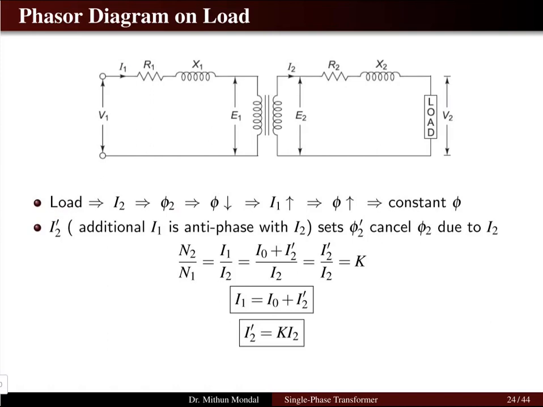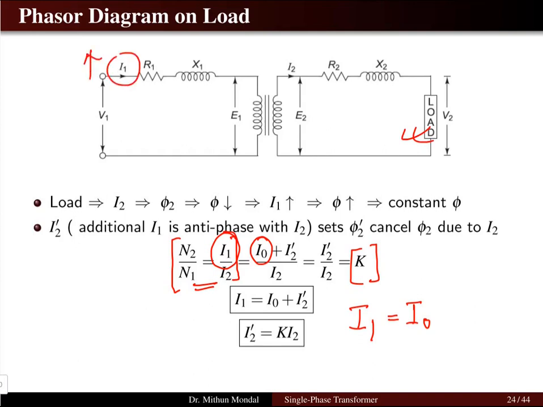Hence, we can say that N2 by N1, which was equal to I1 by I2, is the transformation ratio K. In the previous discussion, we have seen that the primary current under no load is I0. Once we put this load on the transformer, I1 will increase, and that increase is represented by I2 dash. This I2 dash is nothing but the transformation ratio K times the current I2 under the full load condition.